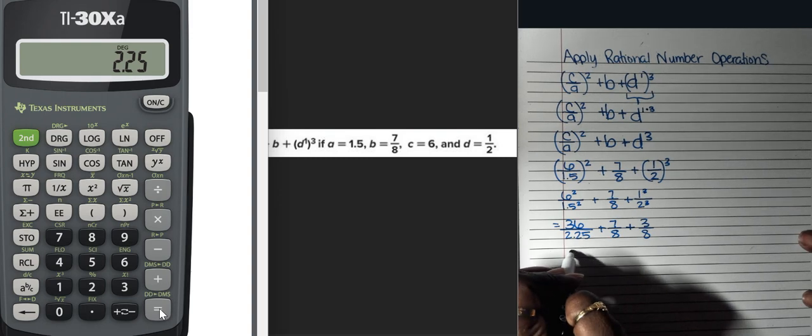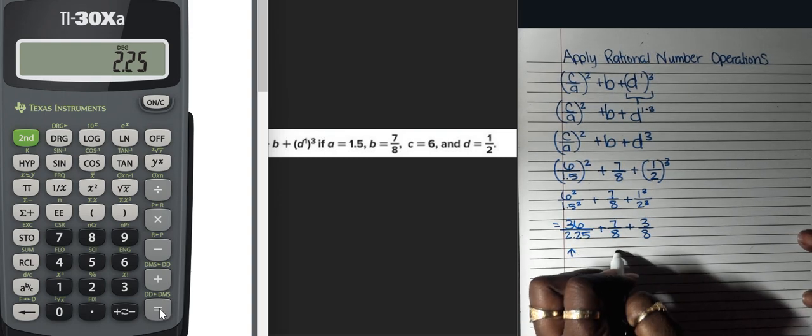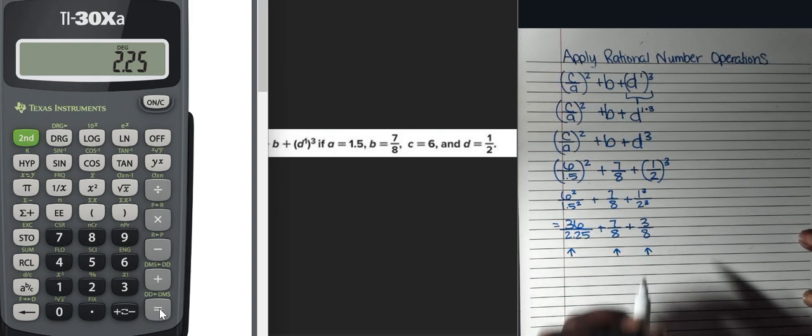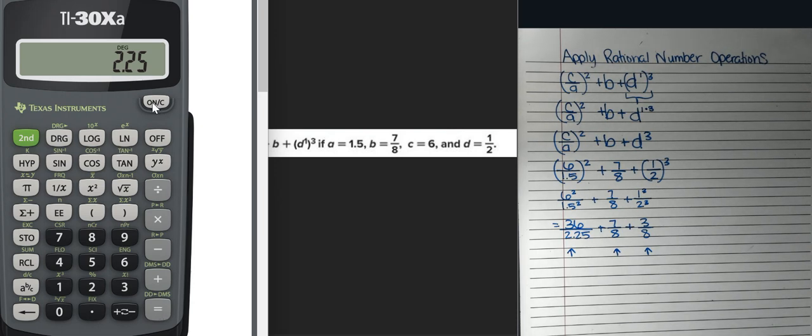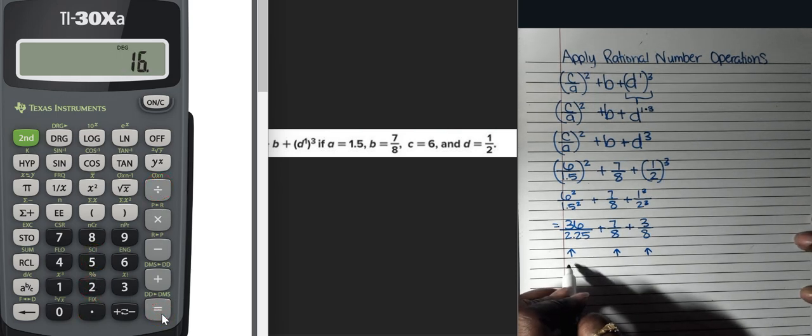We have all fractions. So remember what I would do is look and see, can I convert these to decimals? So to do that, let's see what we have. 36 divided by 2.25. That's a terminating decimal, right? So that turns out to be 16. So that's terminating.